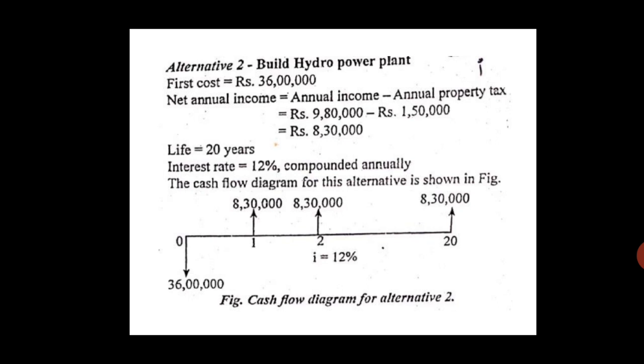The cash flow diagram you can see here, from 0 to 20 years. The first investment P is 36 lakhs, which we have shown with an arrow down, and every year from 1 to 20 we are getting 8,30,000 rupees annually, and the interest rate is 12%.